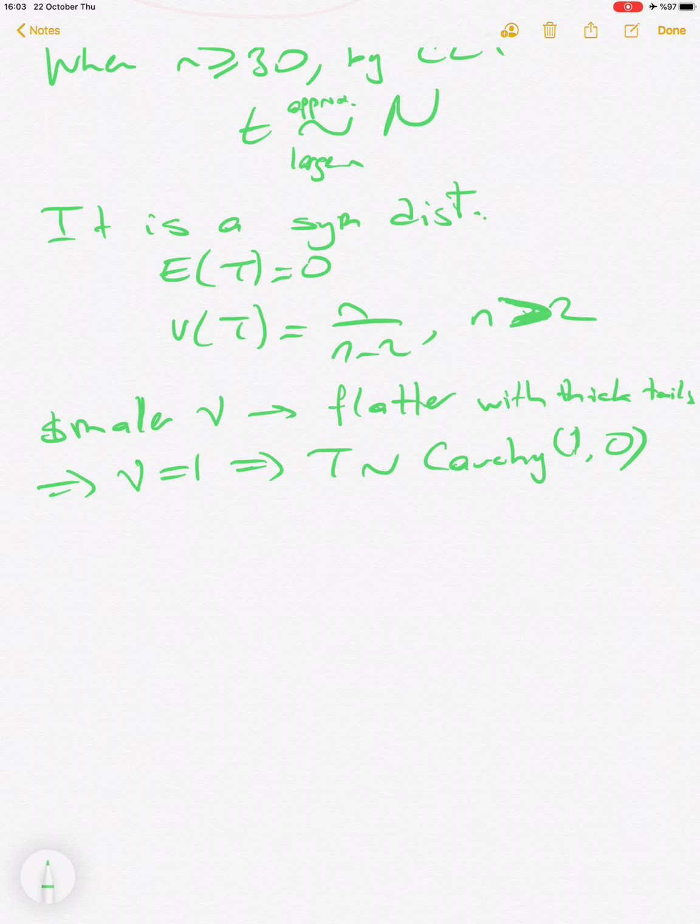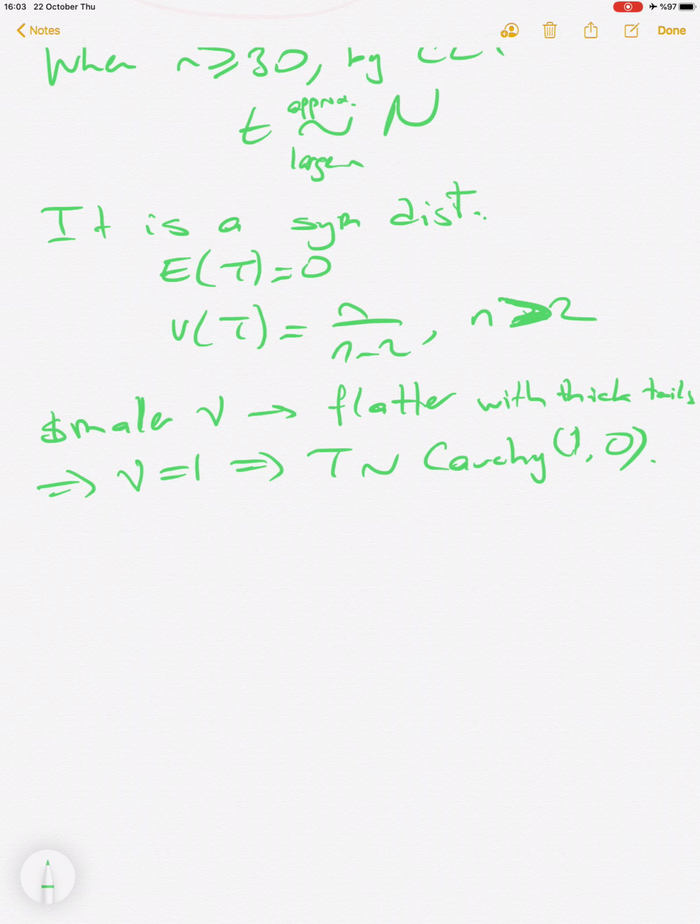You know, for the Cauchy distribution none of the moments exist. You can already catch that from the variance formula. So t is related to the Cauchy distribution: when nu is 1, we directly have a Cauchy distribution.